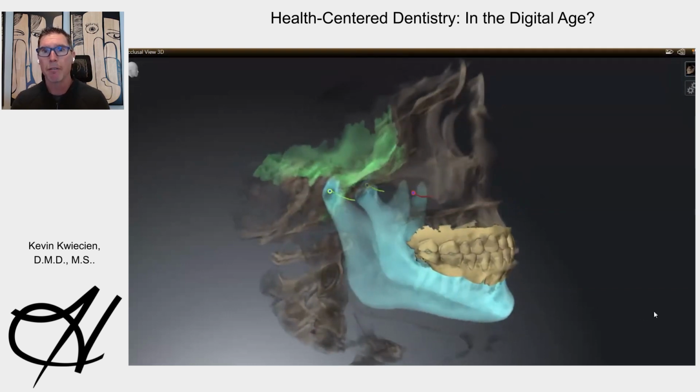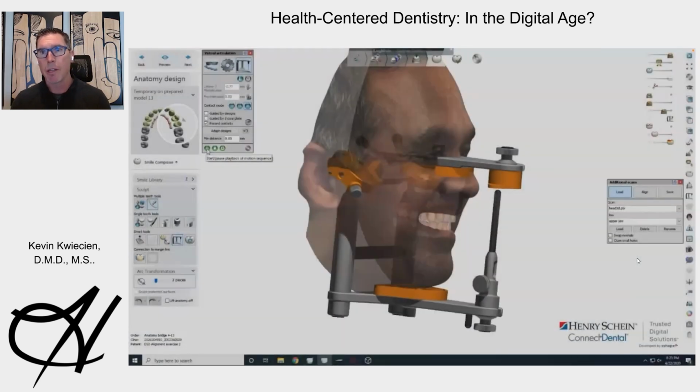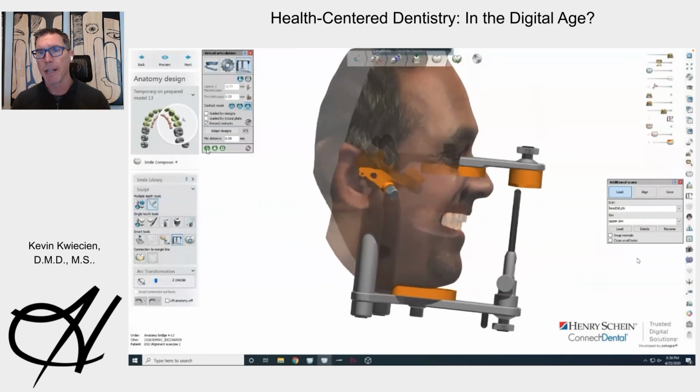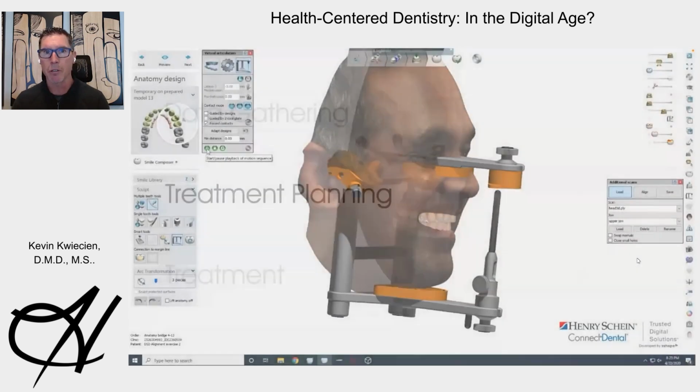So we really have an individualized, fully functional articulator. Now we throw in the face and we can really see the function and the face and have a virtual articulator. And we'll talk a lot about that as far as data gathering goes.